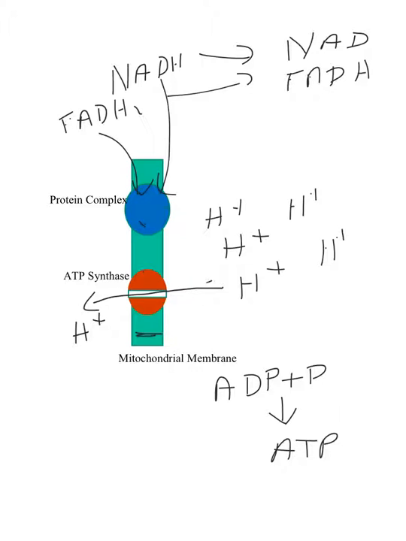As long as this flow continues, we get more and more ATP. But you can probably see what's going to happen. Eventually, we're going to have hydrogens build up on this side of the membrane. And when these things reach equilibrium, the flow will stop.